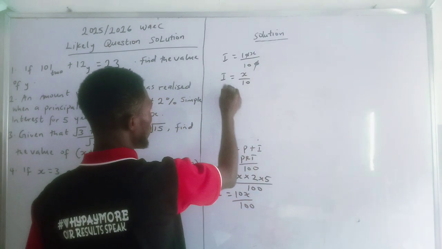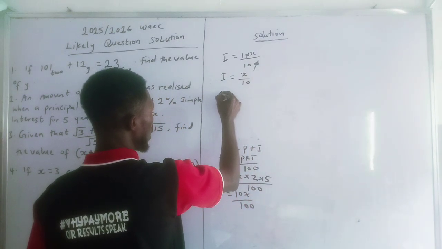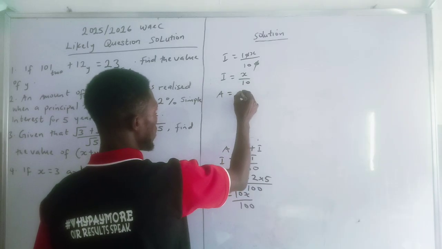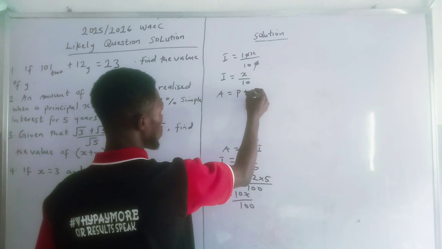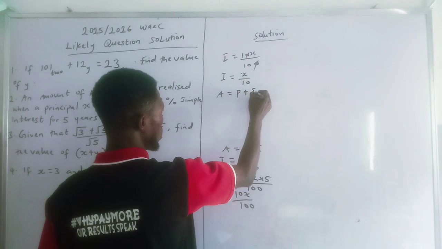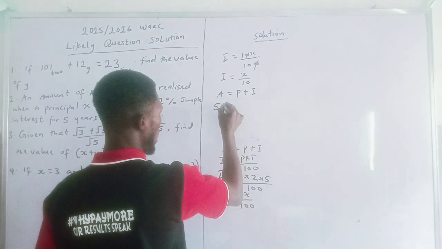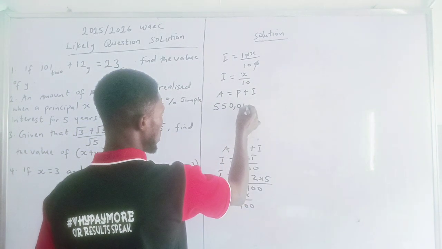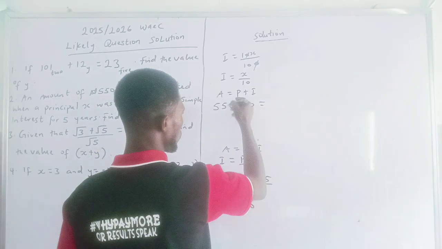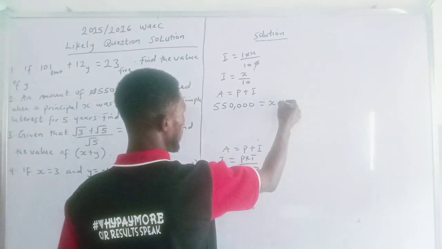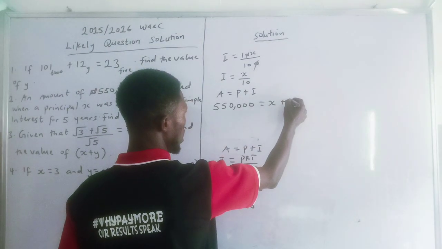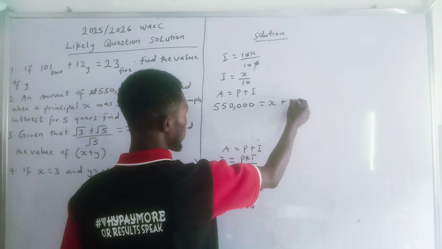So if we have this, we can now bring back our formula that says the amount A is equal to your principal plus your simple interest. So we now have our amount, which is 550,000, equivalent to your P, which is X, plus our I, which is X over 10.